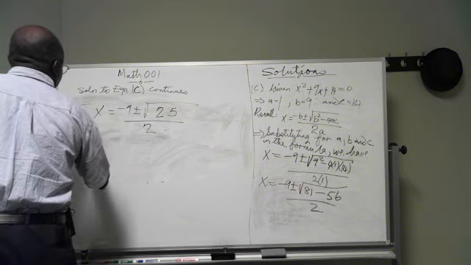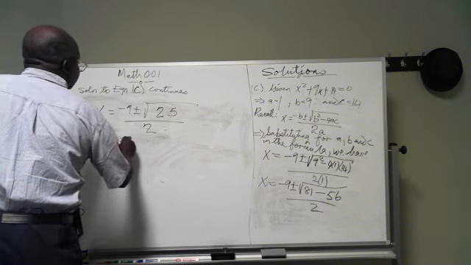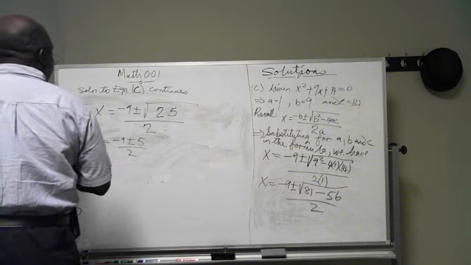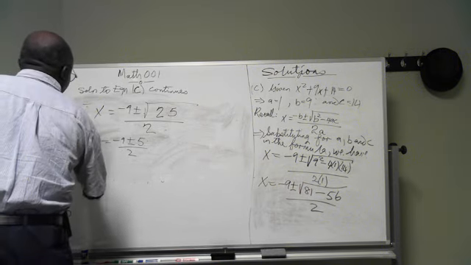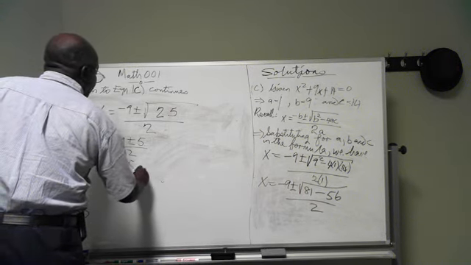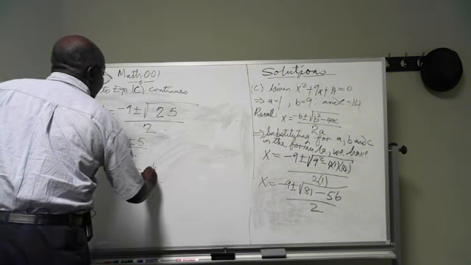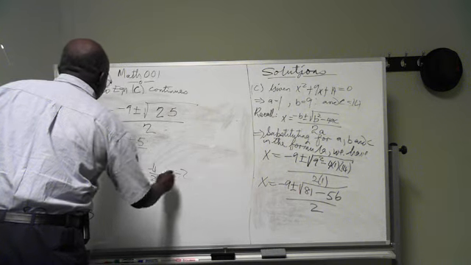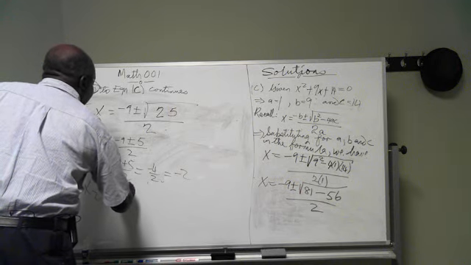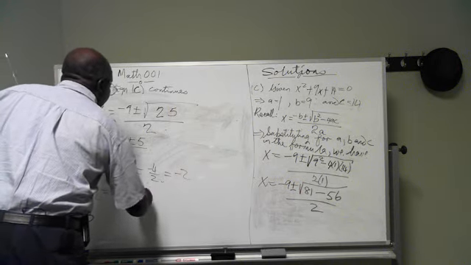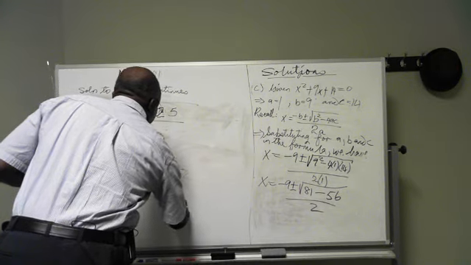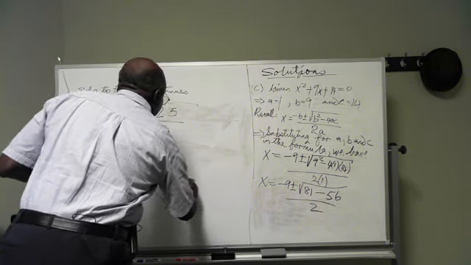This implies x is equal to minus 9 plus or minus 5 all over 2, which means x1 is equal to minus 9 plus 5 over 2, which is equal to minus 4 over 2, which is equal to minus 2. x2 is equal to minus 9 minus 5 all over 2, which is equal to minus 14 over 2. That gives you minus 7. So those are the roots of this equation.